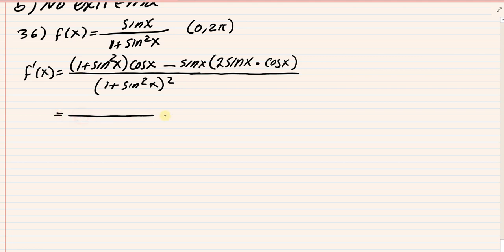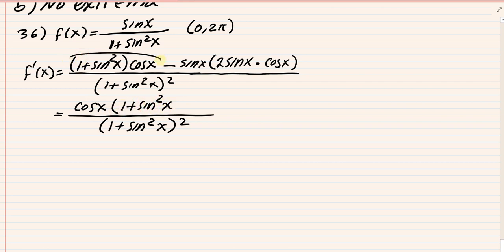Okay, and we can simplify this one, over 1 plus sine squared x, squared. Now in the numerator, I see cosine x, let's factor the cosine x. From the first expression we get 1 plus sine squared x, and from the other expression we get negative 2 sine squared x, right? Cosine is factored.